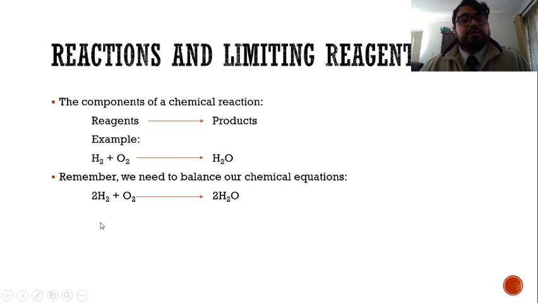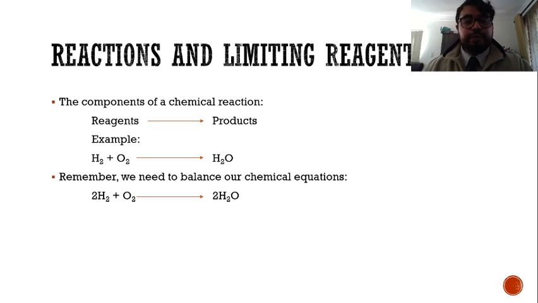Now we have 4 hydrogen on the reagent side and 4 hydrogen on the product side, and 2 oxygen on each side. So that's one thing you have to be careful of: all chemical equations need to be balanced. In stoichiometry, if your chemical equations aren't balanced, your calculations are going to be wrong and you're not going to get the full amount of marks. So please remember to balance your chemical equations.